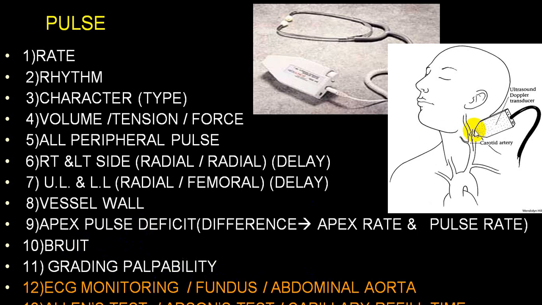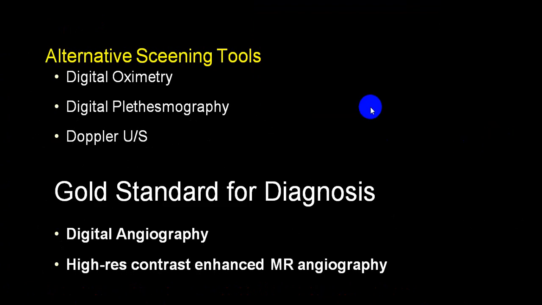So Doppler will be very, very helpful to find out a partial occlusion or damage to the artery, and very commonly done in a carotid artery, femoral artery, abdominal aorta, etc. You can look for aneurysm, coarctation, narrowing of the vessel, thrombus, etc. So that can be utilized.